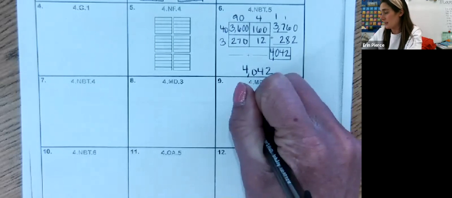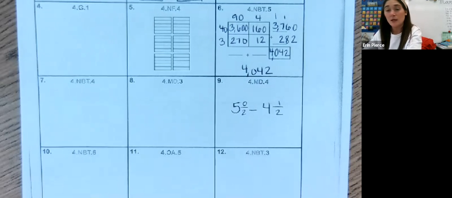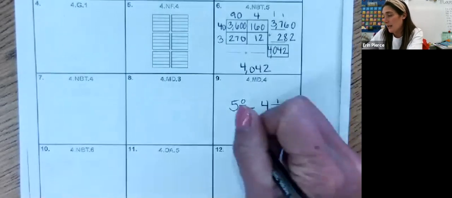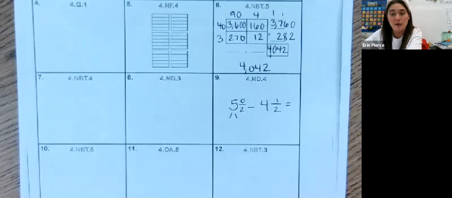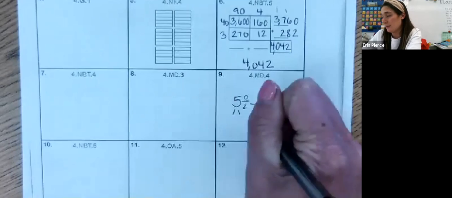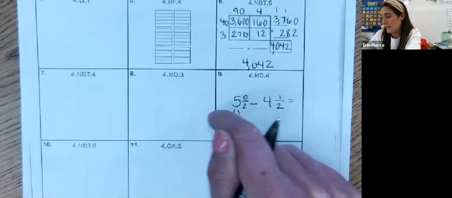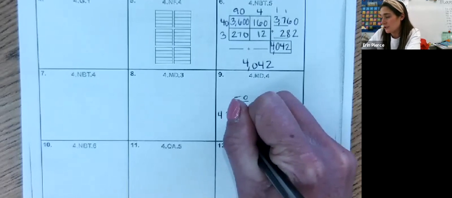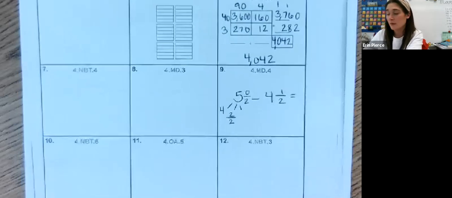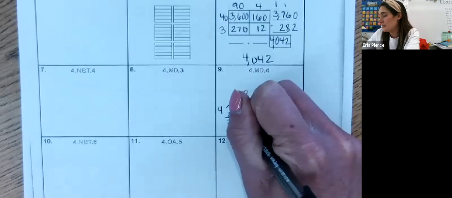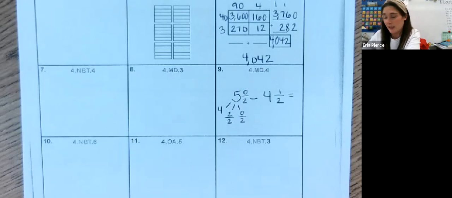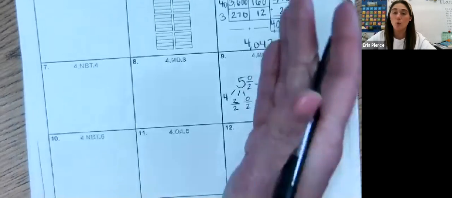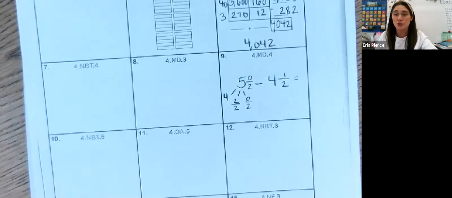Okay, so that's the same as saying 5 and 0 halves. To help me solve this question, I need to do something. I can think of it as taking one from the 5 and making it a 4. Then I have 2 over 2, that's 1 whole, and then that's 0 halves still, from the 0 halves part. 2 over 2 is just me saying I'm taking 1 from that 5 and making it 2 halves.